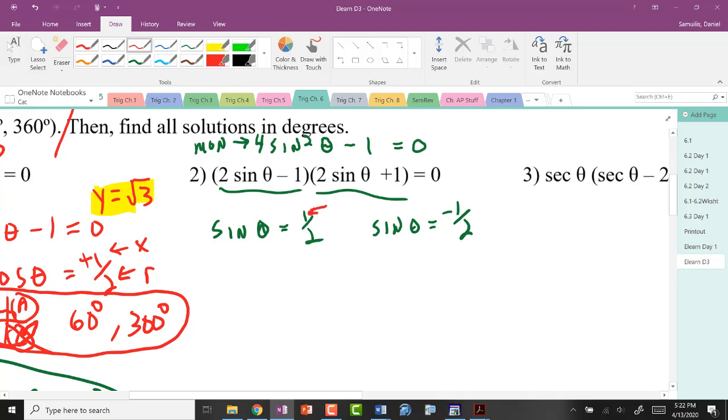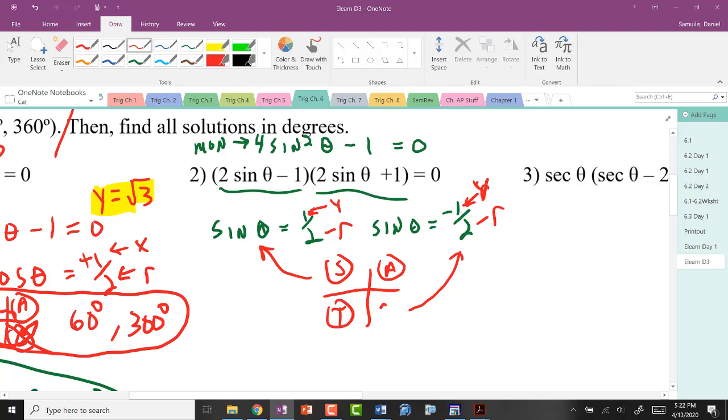Both these cases, this is y, and this is r. So you have to understand, for this first one, I got quadrant 1 and quadrant 2. For the second one, where sine is negative, that's in 3 and 4.